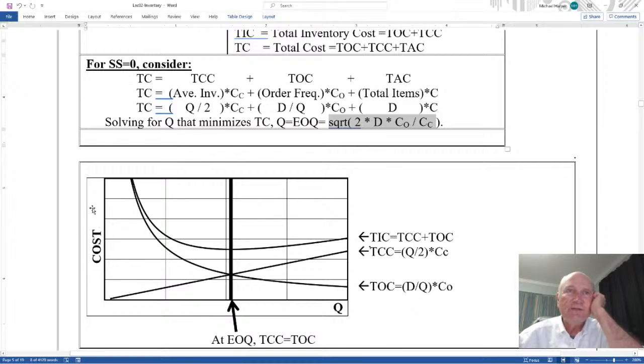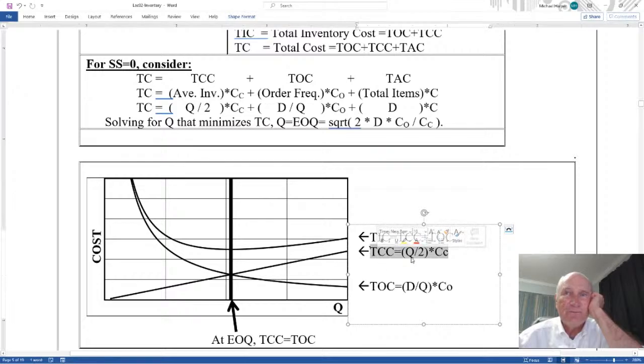Here's my cost and here's my Q, my lot size. This linear line keeps going up and up. When Q gets bigger, it gets bigger. That's my total carrying cost, this equation right here. As Q gets bigger, my total carrying cost gets bigger.